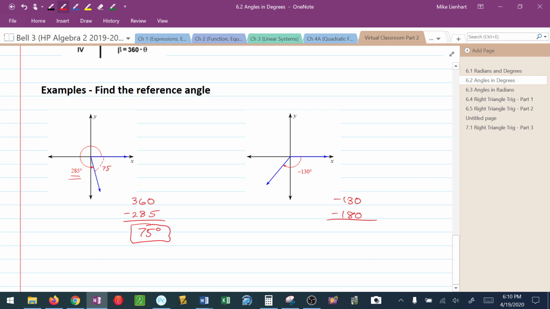Wait a minute. This doesn't make sense. This gives me negative 310 degrees. All right? They say that the reference angle somehow has to be in a measurement between 0 and 180 degrees.